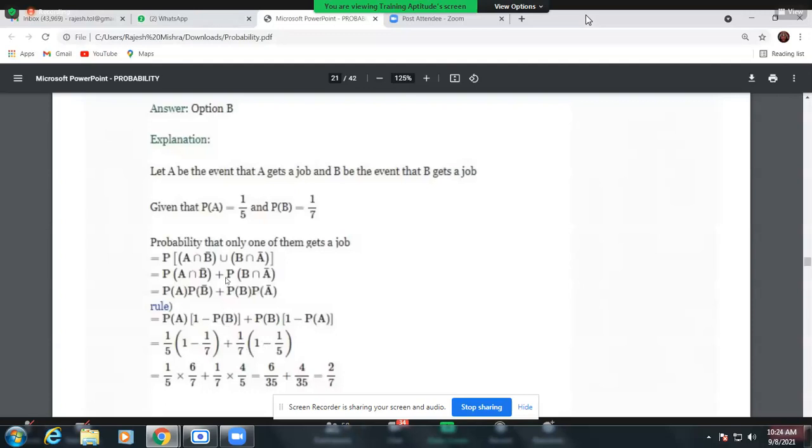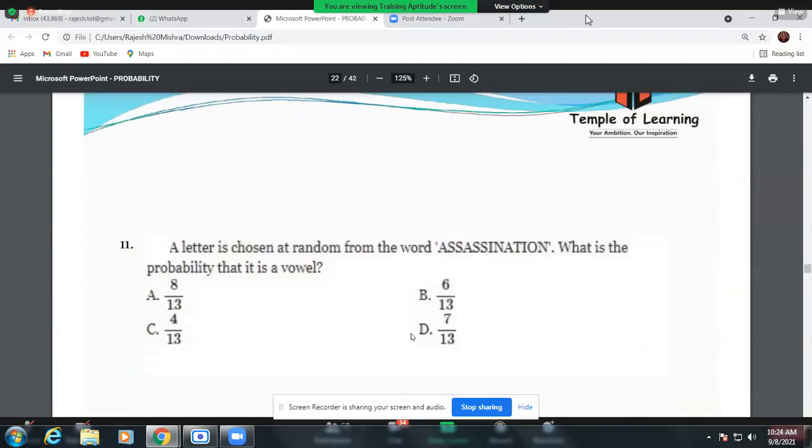Forget this notation. Is this okay? So either A gets the job or B gets the job. That is why we add. Is this okay? Yes or no? Yes, sir. Brilliant. Let's move to the next question.